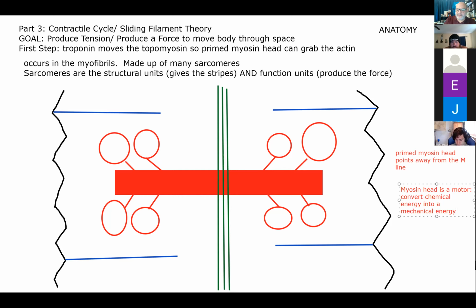And of course, what is the chemical energy it uses? ATP. Yeah, ATP, absolutely. Remember, one of the things we talked about with our ATP is that ATP is that adenosine nitrogen base connected to a ribose sugar with not one, not two, but three phosphates bound to it. So when we split ATP, we basically rip one of the phosphates off.